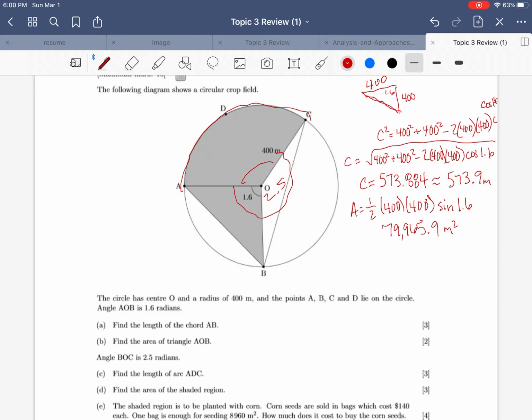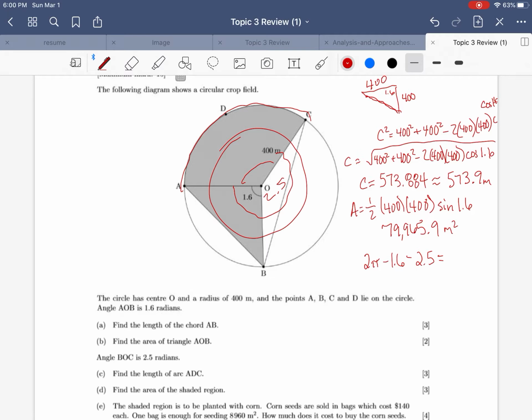But in order to find the length of the arc, I know that this whole circle is 2 pi. And so I say 2 pi minus the first angle of 1.6 minus the second angle of 2.5, and that's going to give me my third angle.